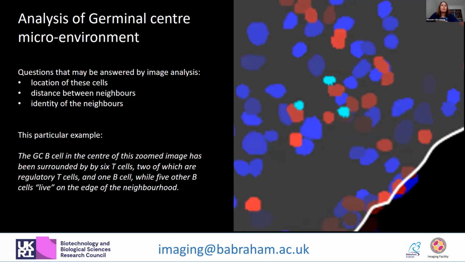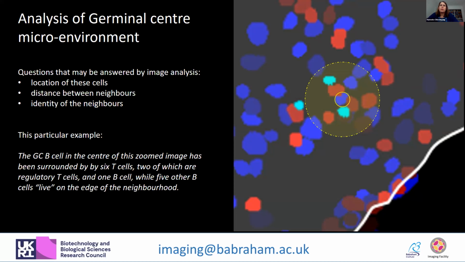And then, of course, once you know the location of these cells, you can, just by simple trigonometry, calculate the distance between neighbors and the identity of the neighbors. And you could do this, of course, different ways. So you can calculate exact distances, or you can say, okay, if I go in a radius around each cell, how many cells of other cell types are found within this radius.